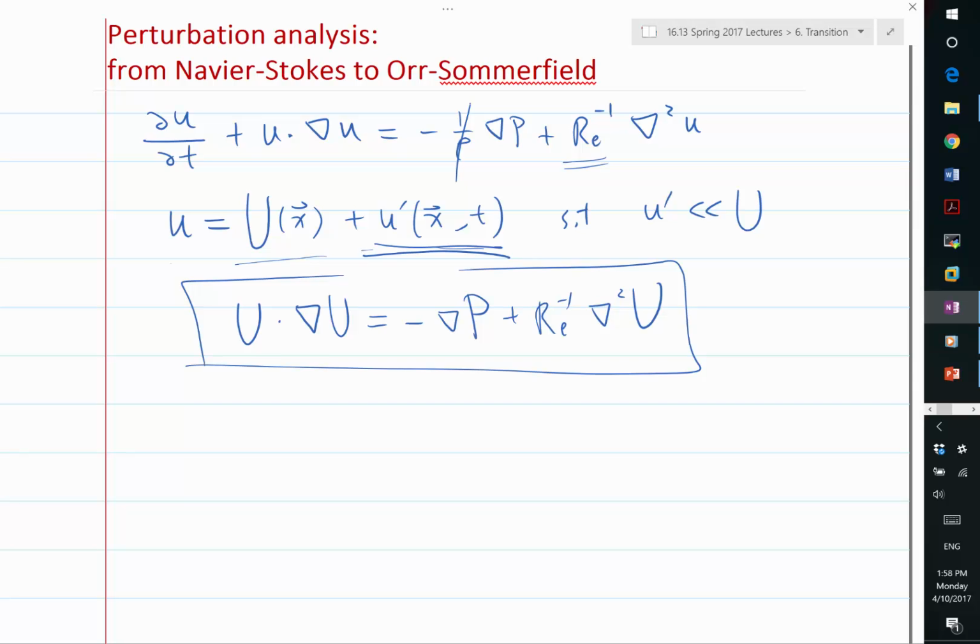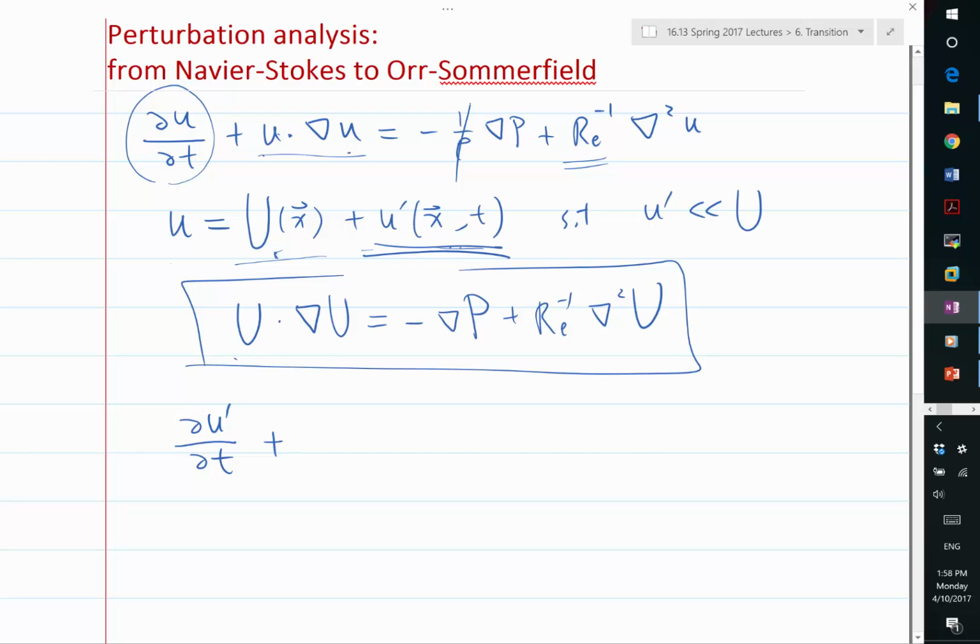So the small u prime is governed by the linearized Navier Stokes equation. First of all, the time derivative only applies to the small u prime because the big U is steady state. And the advection term is going to be split into 4 parts, right? Because it's a quadratic term. And if you split the u in a quadratic term into 2 parts, you get 4 terms.